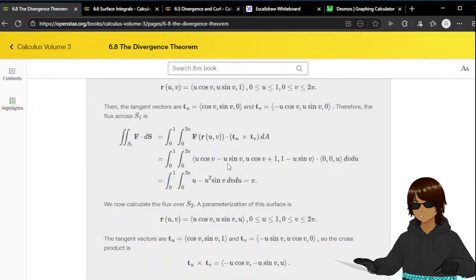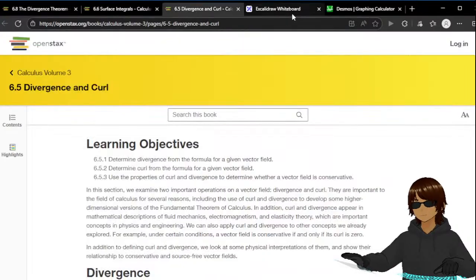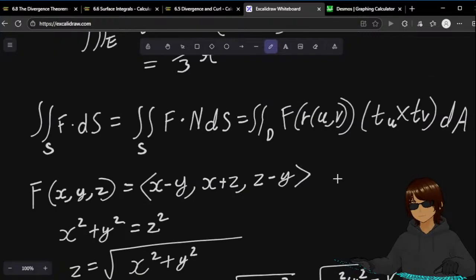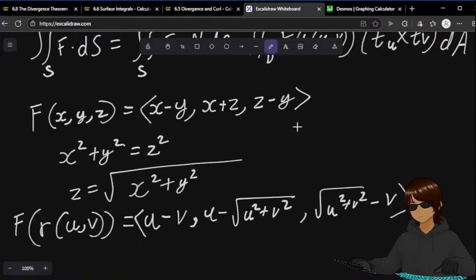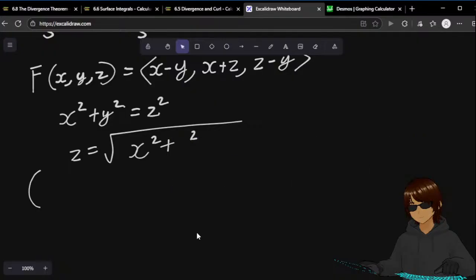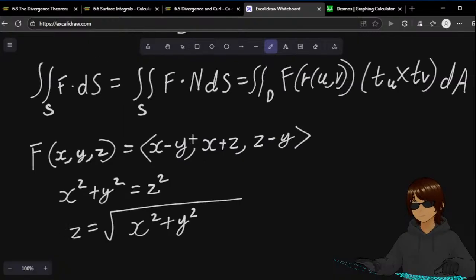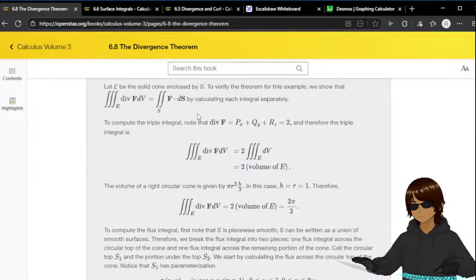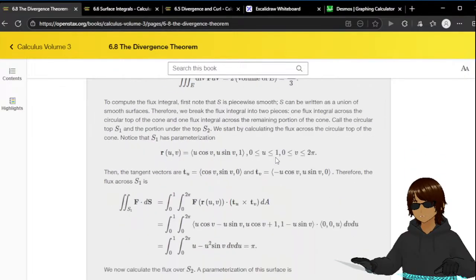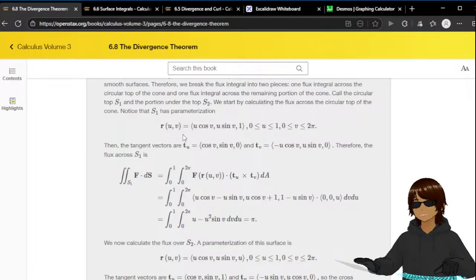Is this correct, or do they use their own formula? Okay, so they defined r of u, v.